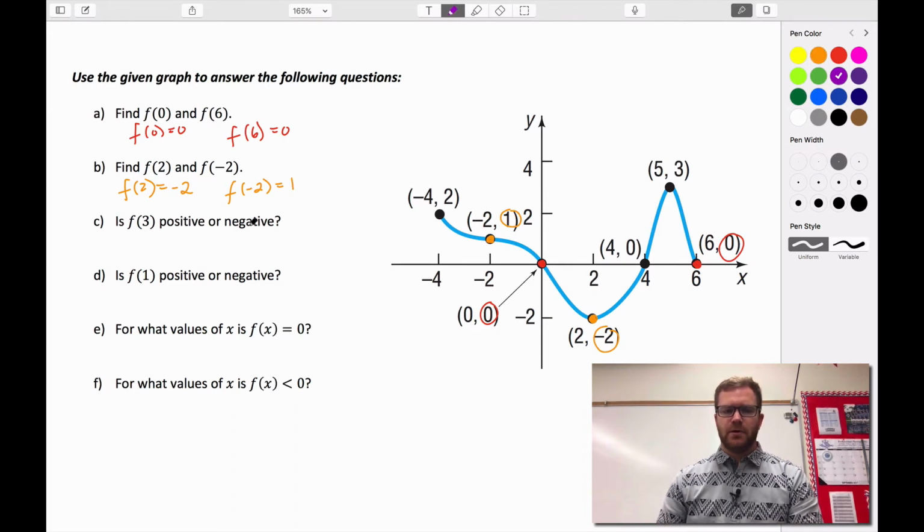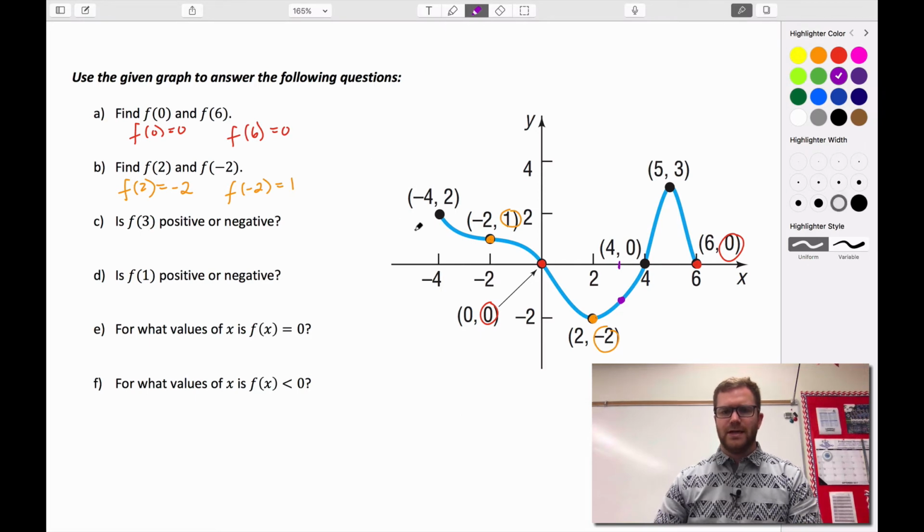So in this next part, it's asking us at f of 3, is our graph positive or negative? So when x is equal to 3, is the value of our function positive or negative? If we go to 3, in between 2 and 4, we don't know the exact value of this point.